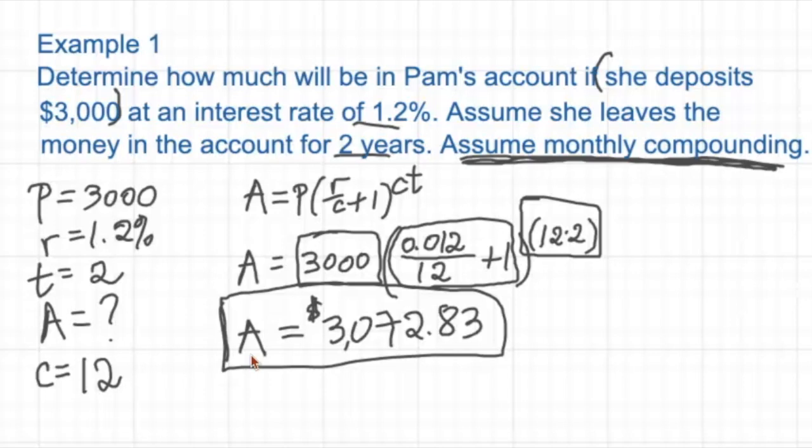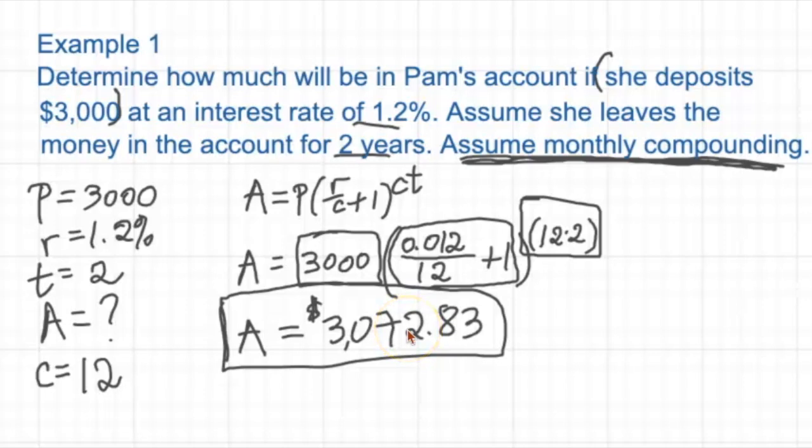So you can literally put that equation in a calculator, or if you're not really comfortable with that, just go bit by bit. But just remember order of operations, as I mentioned before, you've got to do parentheses first, then find that answer, then raise it to the 24th power, as it were, 12 times 2. Then after you get that answer, then multiply by 3,000, and you should get this right here.